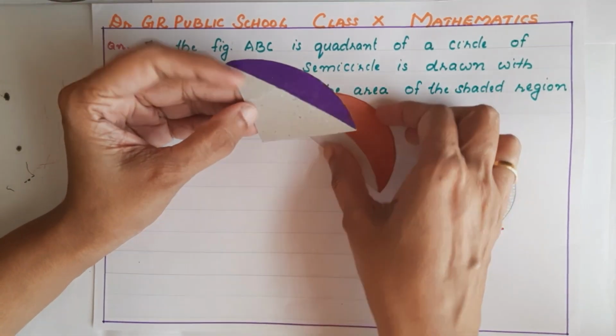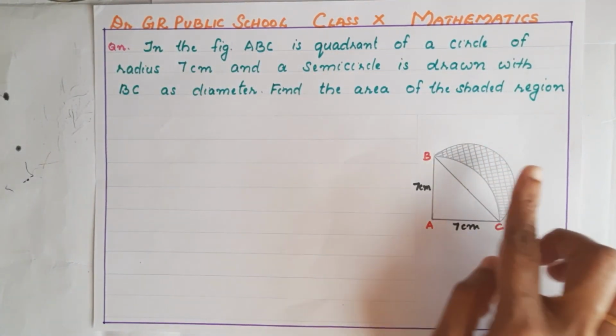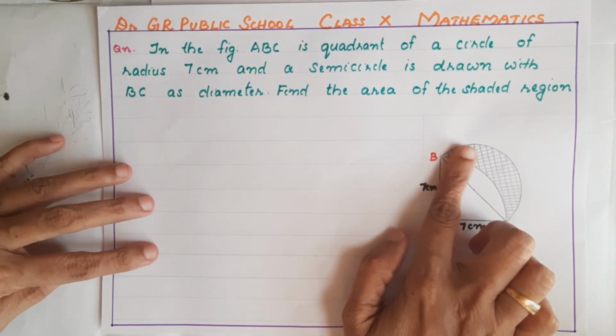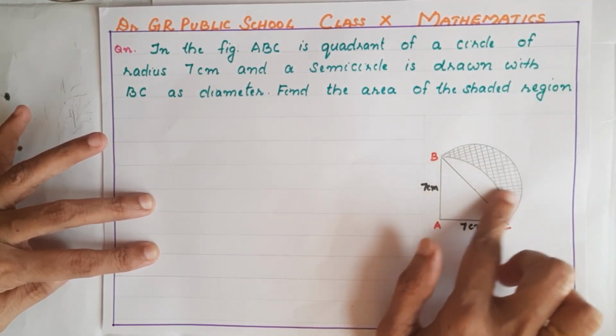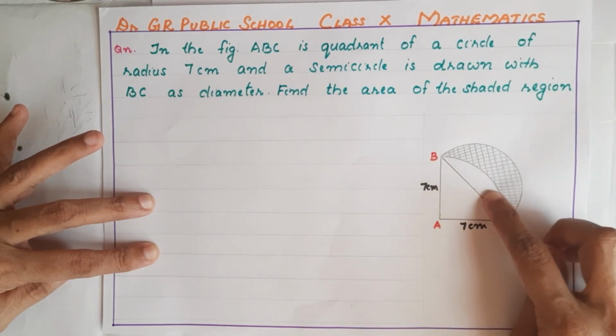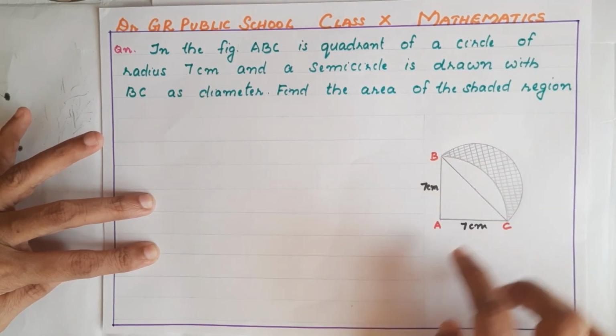Okay, children? So, here also we can understand area of shaded region is area of this complete semicircle minus area of this portion, and this portion is segment of this quadrant.